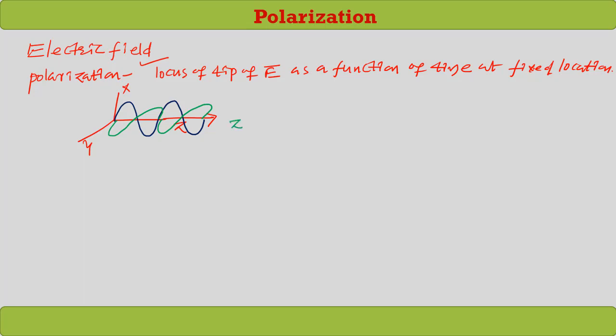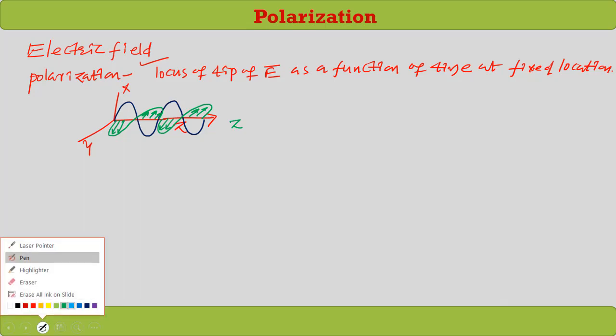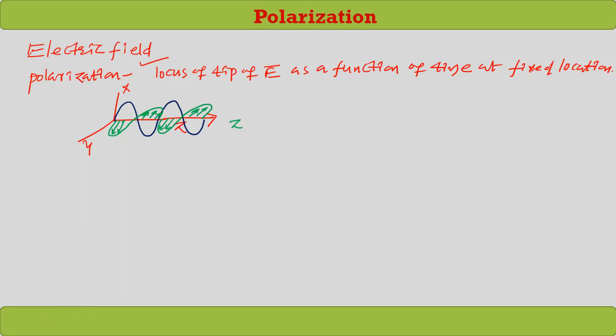Okay, so magnetic field is oriented in y direction. Actually, here I have taken the orientation of the magnetic field is in the y direction, and the orientation of electric field is in the x direction.